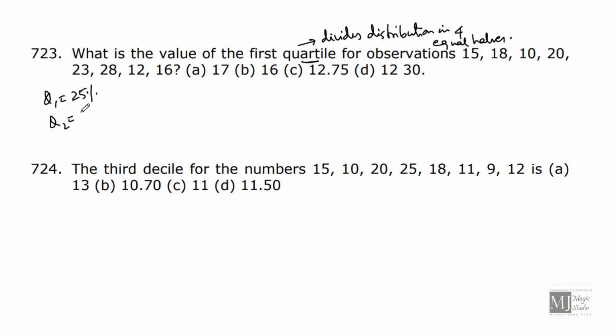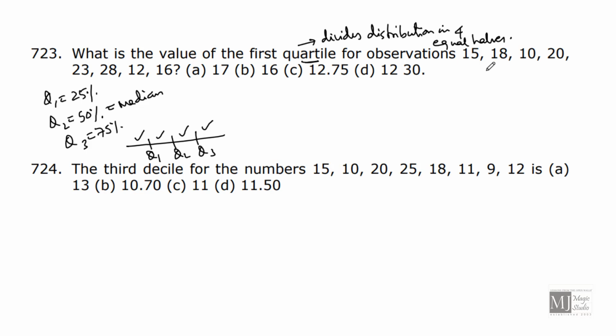The second quartile would be dealing with 50% of the distribution, that is the central value, which is also known as the median. And the third quartile would be dealing with 75% of the distribution. We need 3 cuts to divide the data into 4 equal parts, isn't it? So this is quartile 1, quartile 2, quartile 3, and data should always be arranged in ascending order.